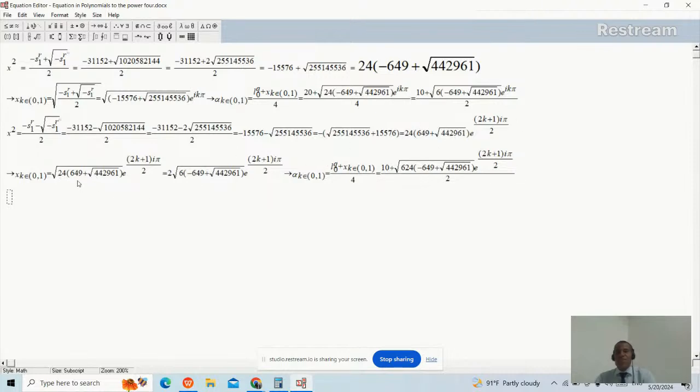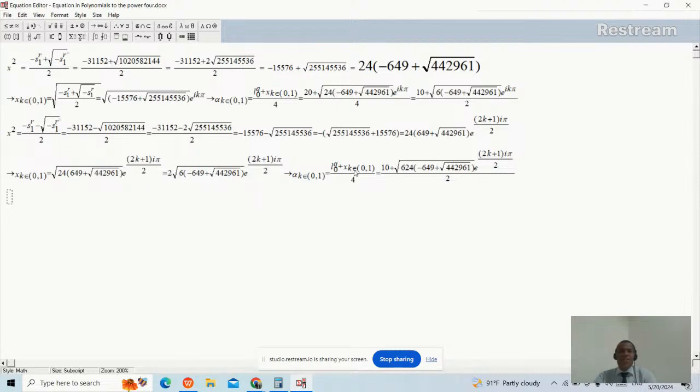Okay, 24 times ik, I'll just put it here. This is xk. Now I will put 24. You see, it's 4 times 6. I put 6 here, then I write 2 outside of the square root, because the root of 4 is 2.